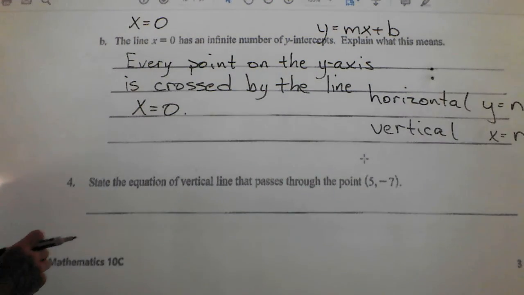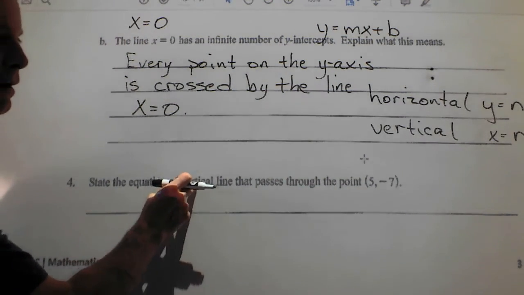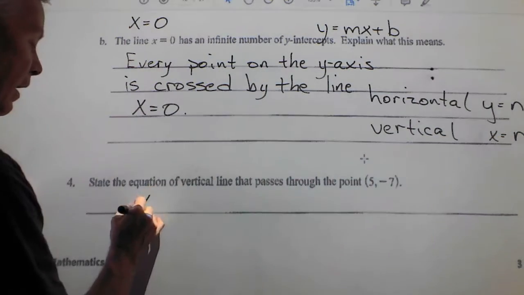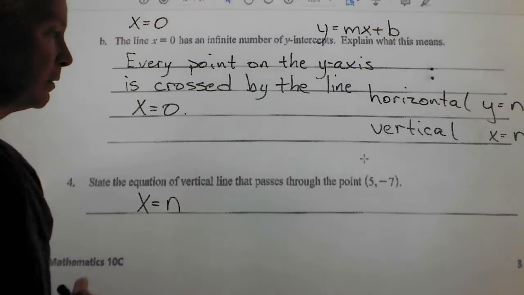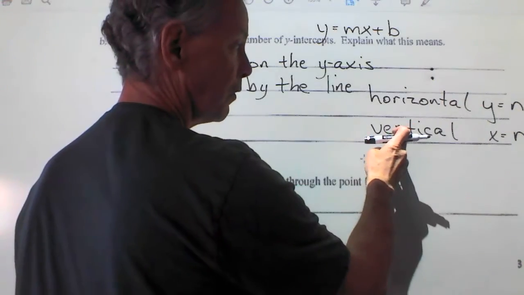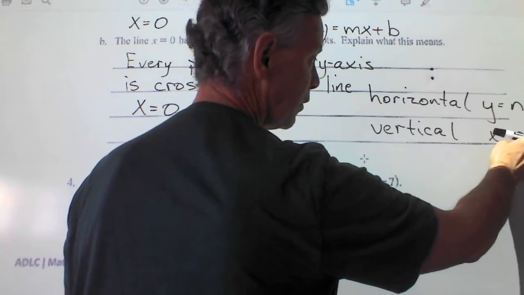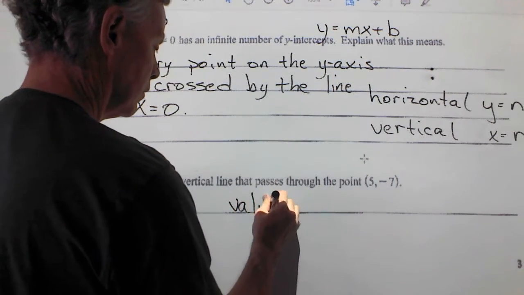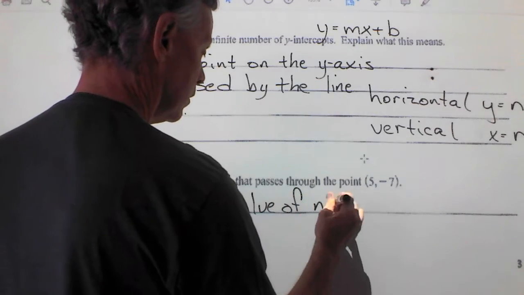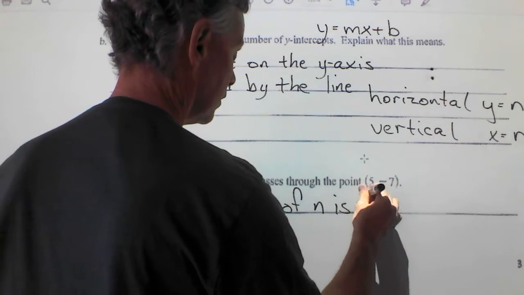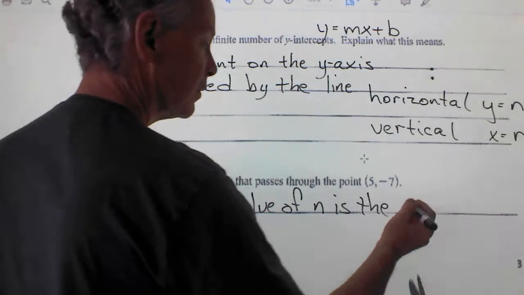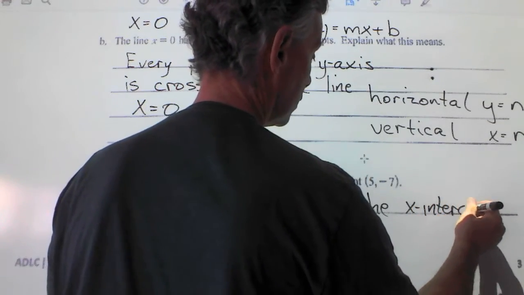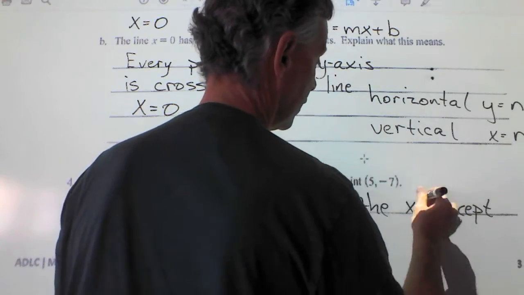Okay, so if it's a vertical line, we know it's going to have this kind of an equation: x equals n. And we also know that the value of n, in this case, is the x-intercept.